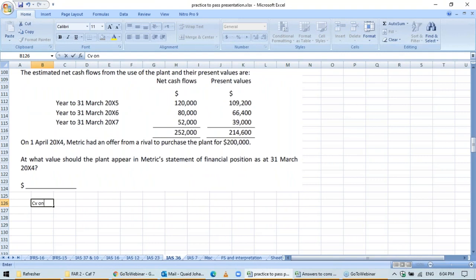The carrying value on 1st of April 2003 was 248,000. We will deduct depreciation for the year from it, which will be 248,000 multiplied by 12.5%.